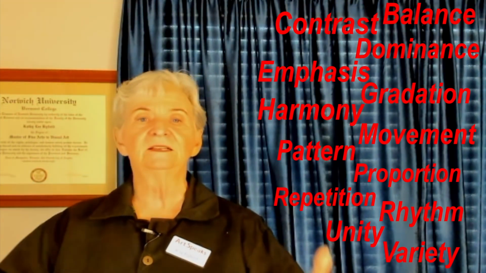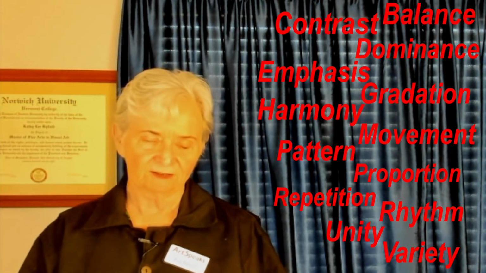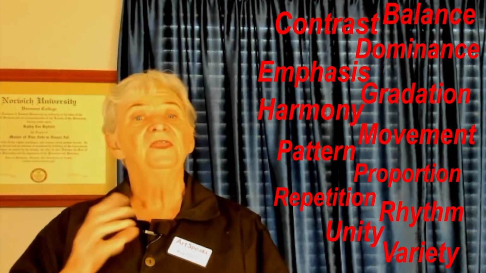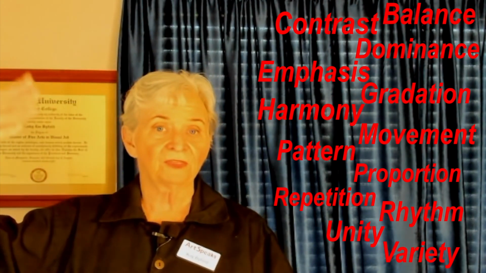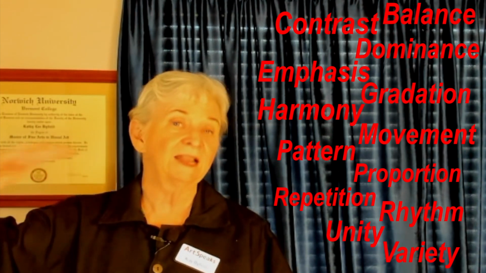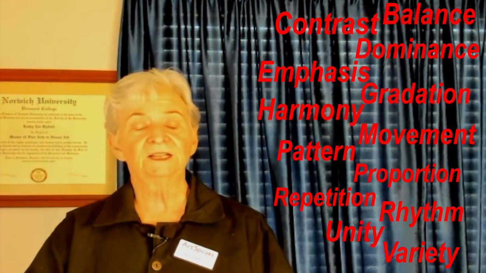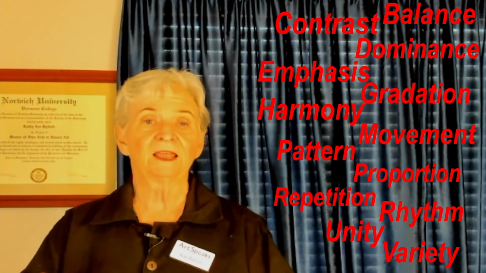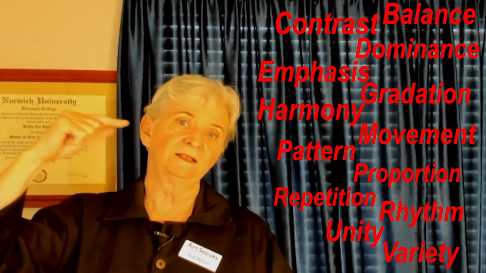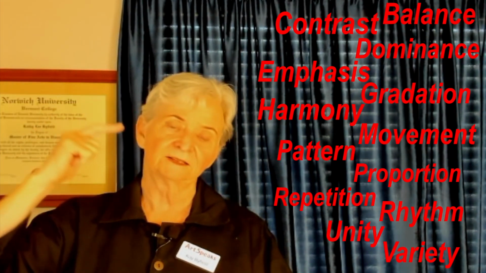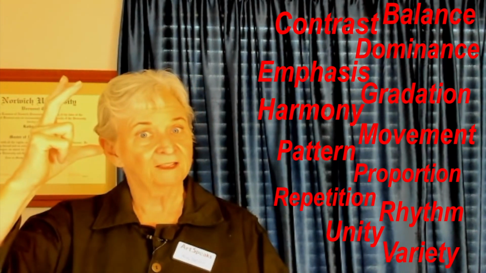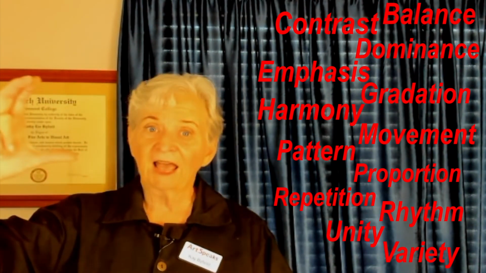If something is a subset of something else, that it kind of falls under something else, then I will go with the thing that it is part of. So for instance, if a list said that we should include radial balance, informal balance, and symmetry, those are all 3 kinds of balance. So instead, I would just put them all under balance.